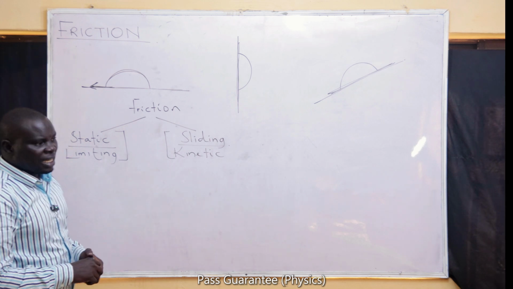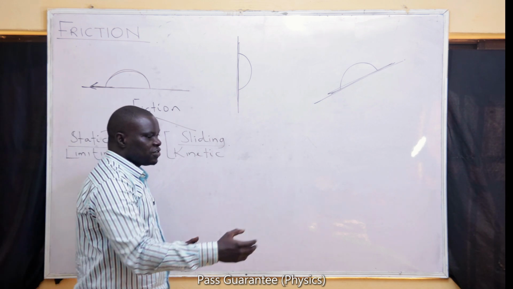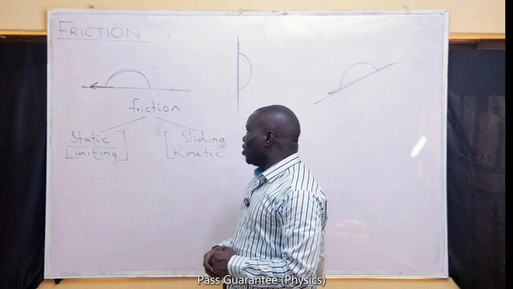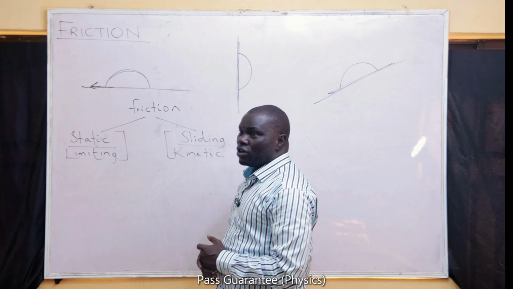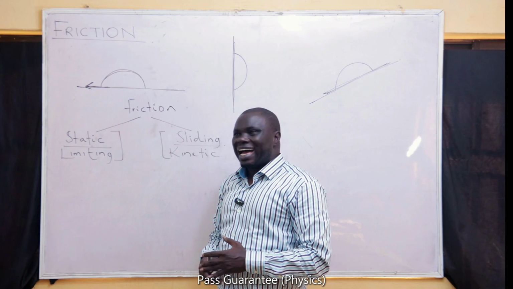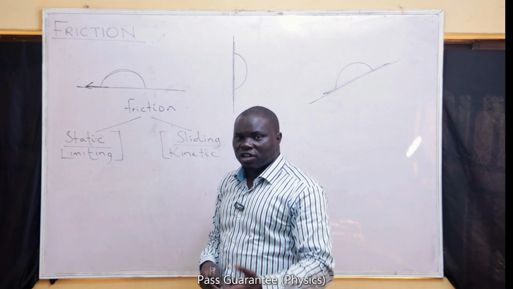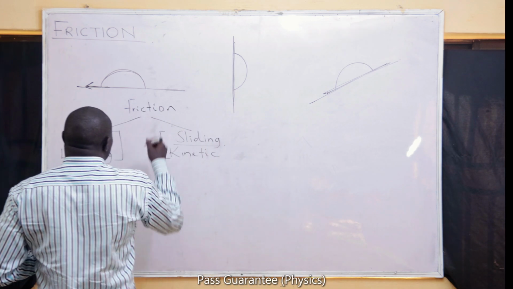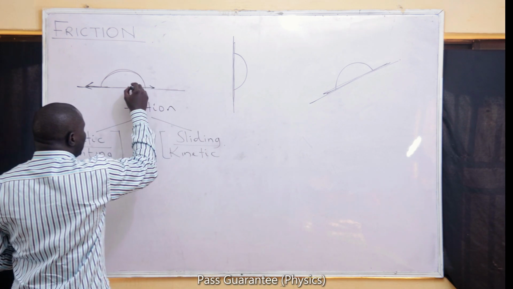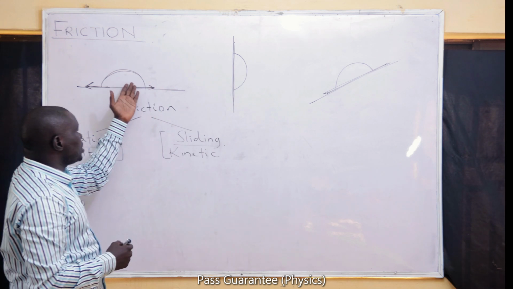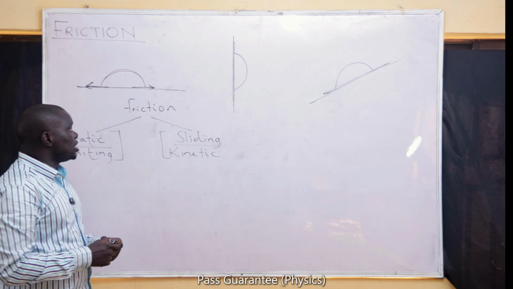Remember that I said that friction prevents the relative motion of one surface over another. That means if an object is ever going to move on a surface, then there must be a force that must overcome that friction before the object can be allowed to move over that surface. There must be a force that must overcome the frictional force before that object can begin to move over the surface.